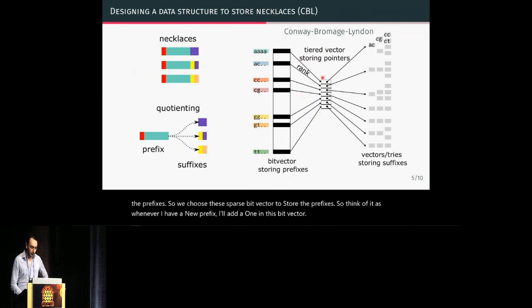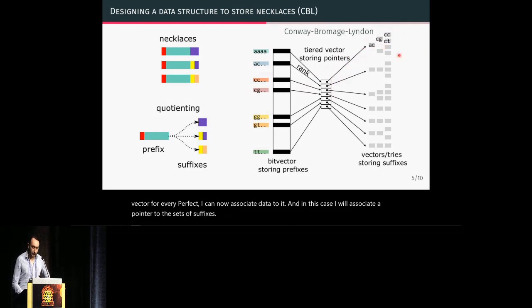The second component here is a tiered vector. It's not that well known, but it's a very useful data structure, because when you combine it with this bit vector and with a rank operation, you end up basically with an associative bit vector. So for every 1 in my bit vector, for every prefix, I can now associate data to it. And in this case, I will associate a pointer to the set of suffixes.